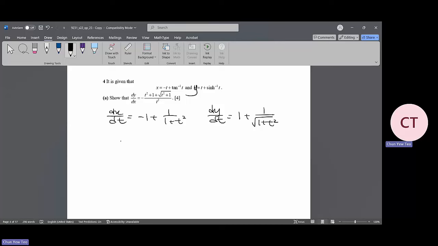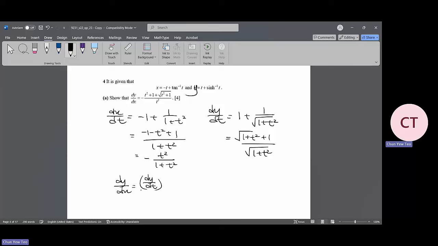We can combine them together first. Negative 1 minus t squared plus 1 over 1 plus t squared, so your dx/dt can be written as negative t squared over 1 plus t squared. This one you can also combine together, and it becomes the square root of 1 plus t squared plus 1. So your dy/dx is dy/dt divided by dx/dt.